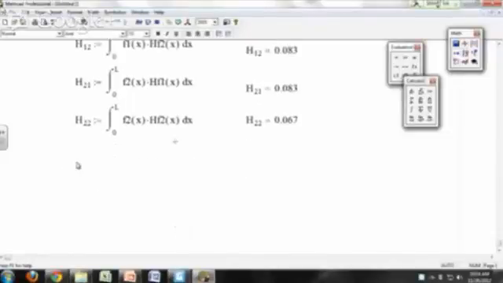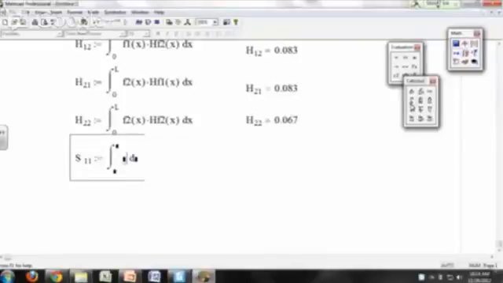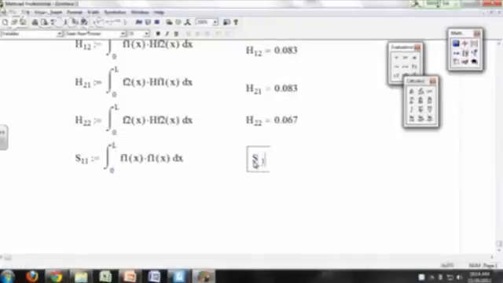What about your S's? S11 equals integral of f1 of x times f1 of x dx from x equals 0 to x equals L. So you have S11 equals 0.033.